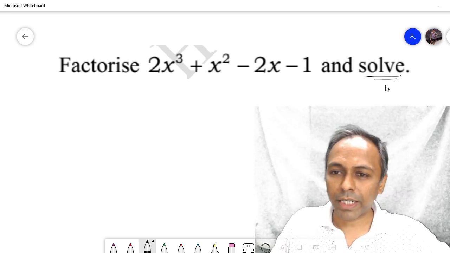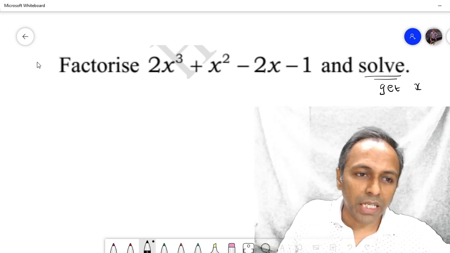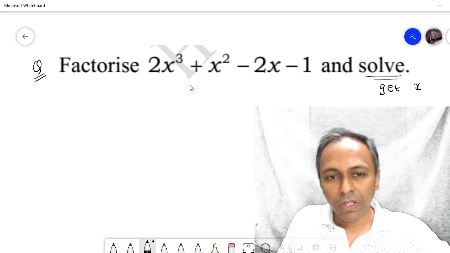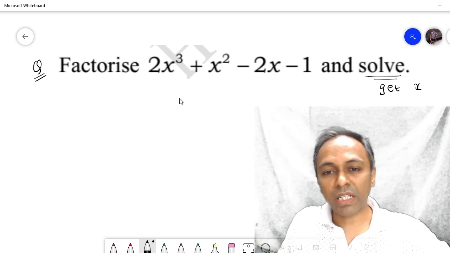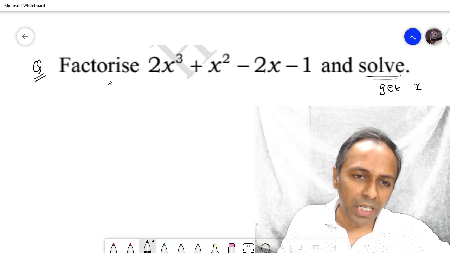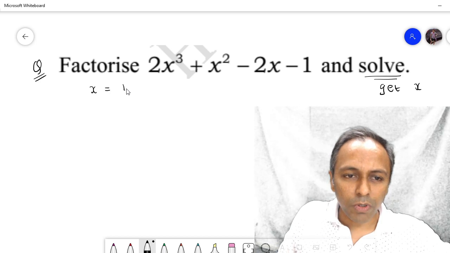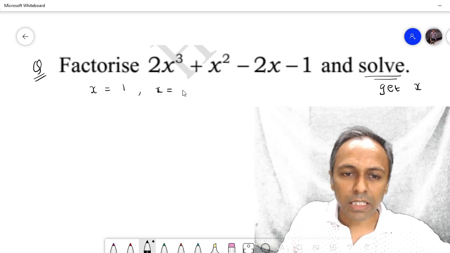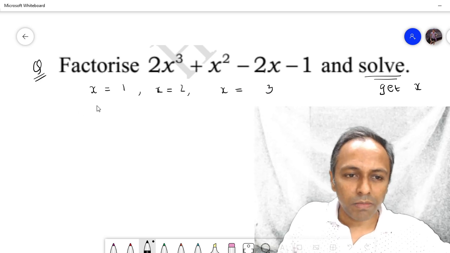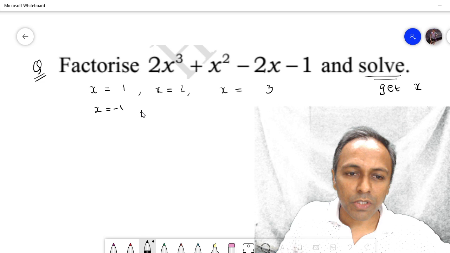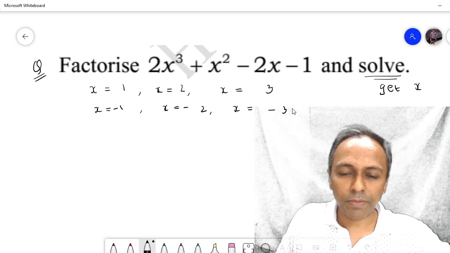Solve means get values of x. Now the challenge for us is to factorize. They have not said who is the factor of this, nothing, just factorize. So in our syllabus, usually either x is equal to 1 or 2 or 3 or minus 1 or minus 2 or minus 3.